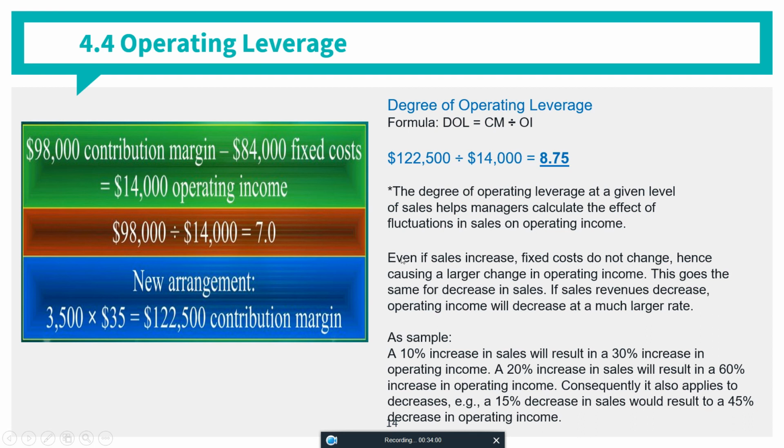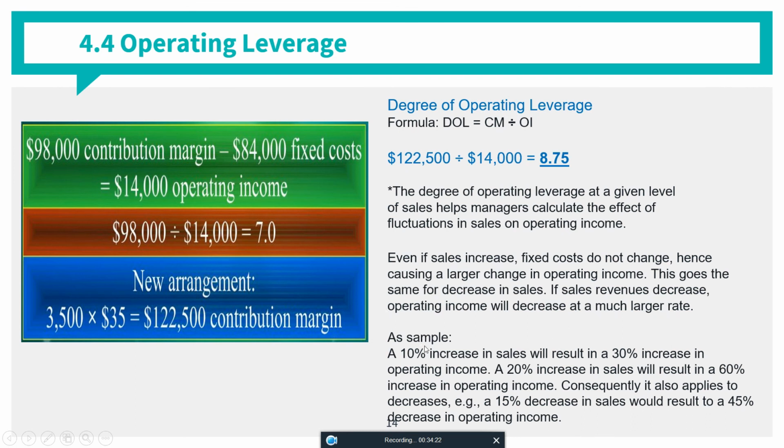Which means that even if sales increase, fixed costs do not change. Of course, it will not change because it's fixed, hence causing a larger change in operating income. The same goes for a decrease in sales. If sales revenue decreases, operating income will decrease at a much larger rate.